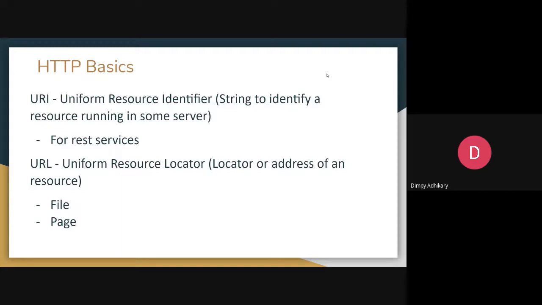So it will basically identify a specific resource from a REST services point of view. All the resources available you should be able to identify uniquely. So a URI gives you that facility.